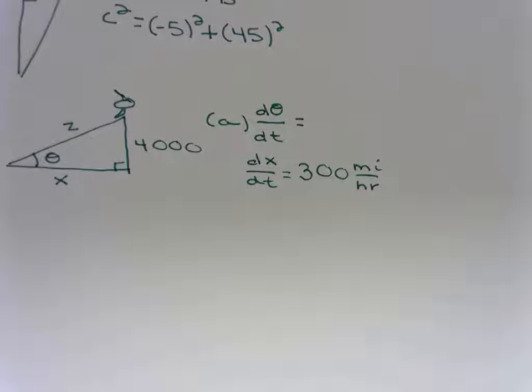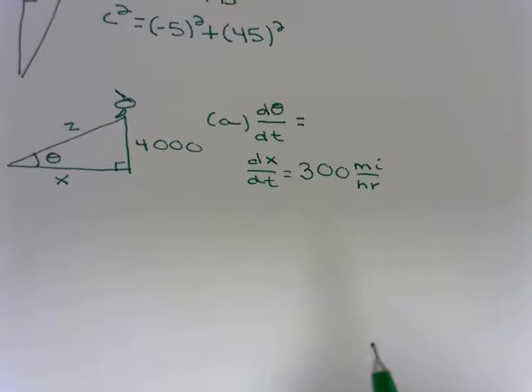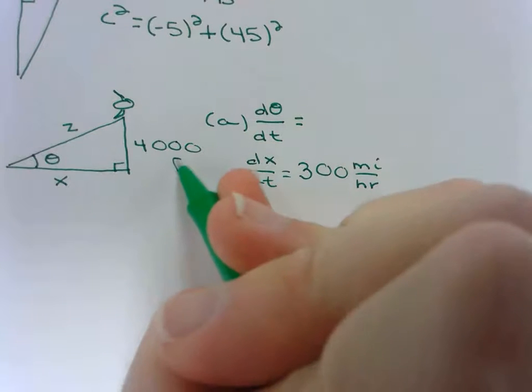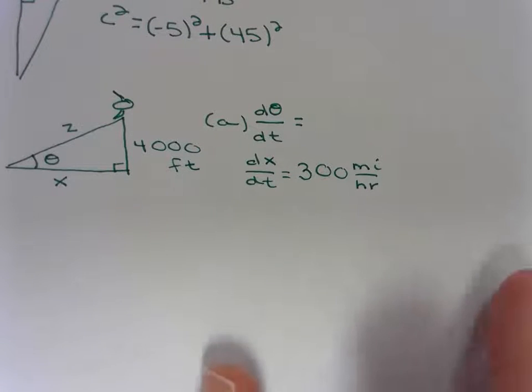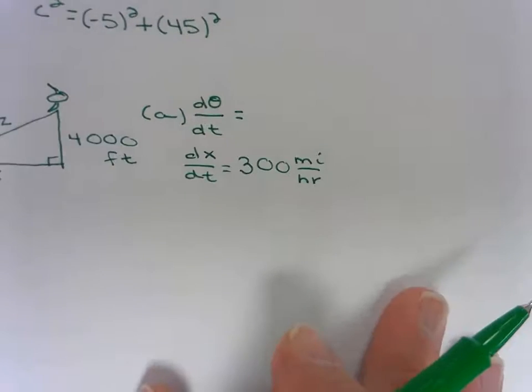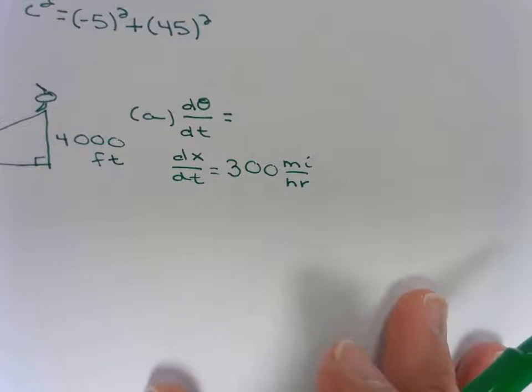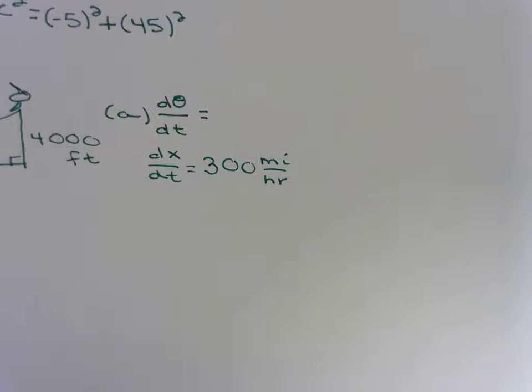Now as I look at this, 4,000 is in feet, and this is in miles per hour. So what do I want to get it into?